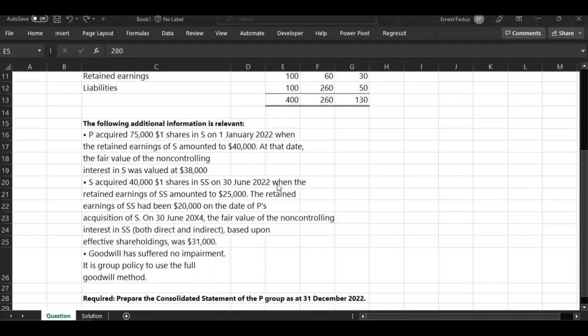So we will start consolidating SS in the accounts of P from 30th June 2022, because this is the date on which S acquired control over SS. Hence, SS will start to appear in the consolidated accounts of P from this particular date, 30th June 2022.